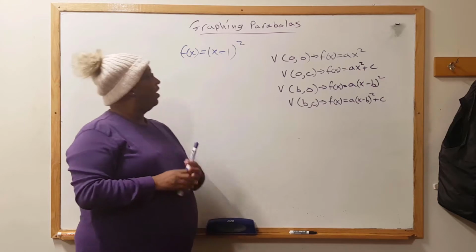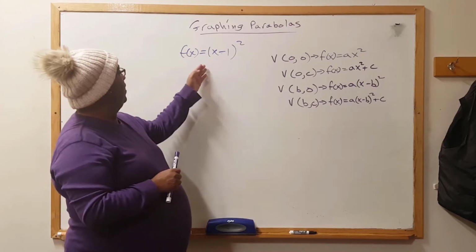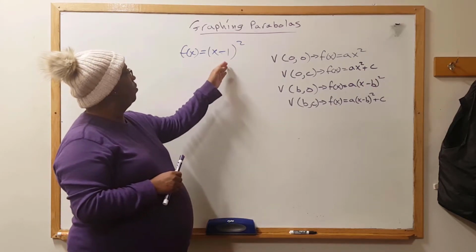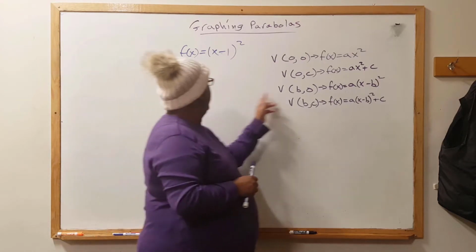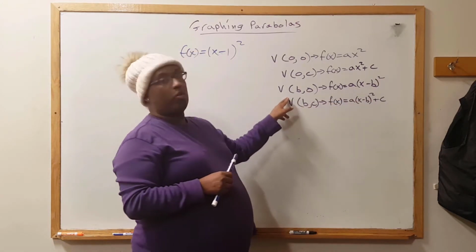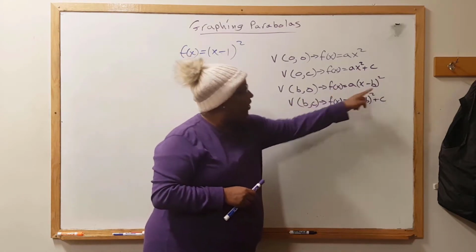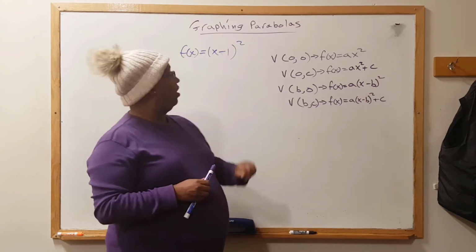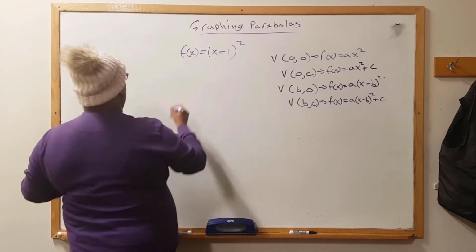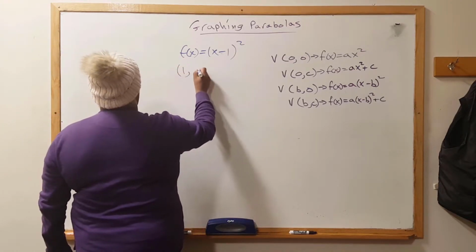Welcome back, trio. Here we are with another example. F of x equals the quantity x minus 1 quantity squared. That looks like this example right here, which means we know the vertex is going to be the opposite of what's inside comma 0. So that means the vertex here is going to be 1, 0.